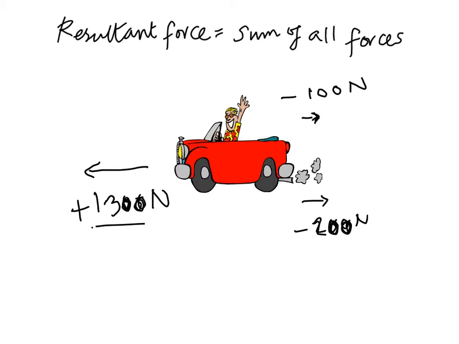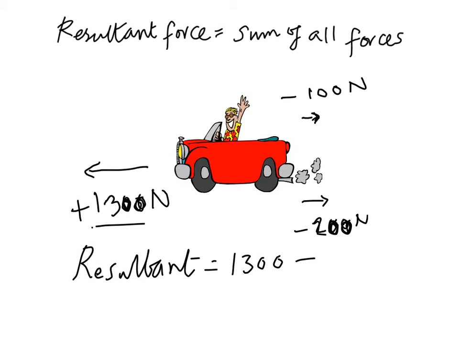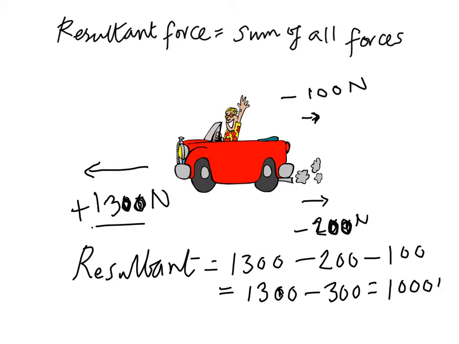All we have to do is add them together. The resultant force in this case is 1300 take away 200 and take away another 100. You just punch these numbers in the calculator and you get 1300 take away 300 newtons, which gives you 1000 newtons forward.